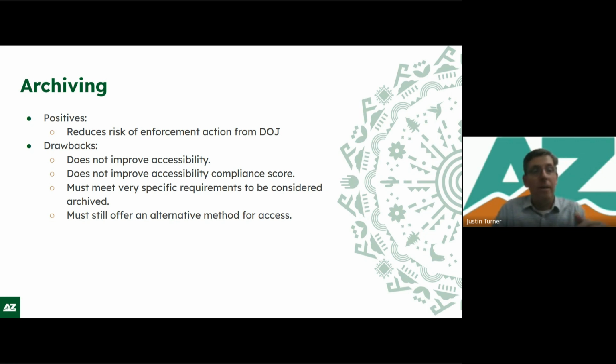And so hopefully I've made it clear that this approach isn't going to fix any problems. It is an approach that may be necessary for some agencies in order to reduce risk of enforcement action, but there's a bunch that has to go into it in order for it to work.